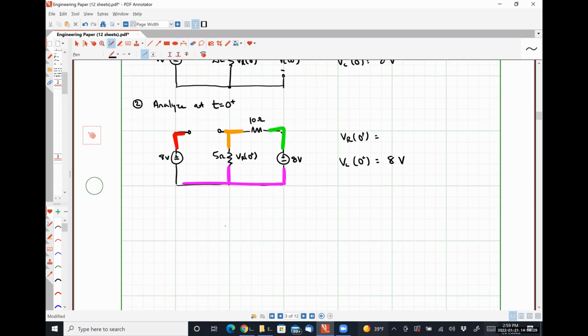But if I gave you this circuit, could you solve it? It's the exact same thing as the one above. How would you solve the one on the bottom without all the extra stuff that isn't really doing anything?